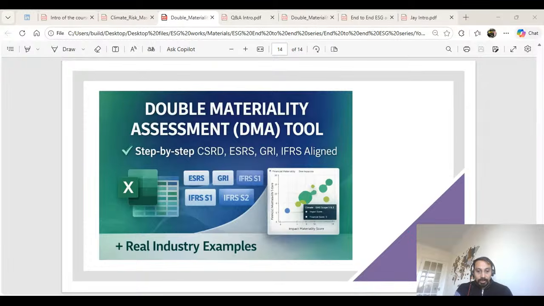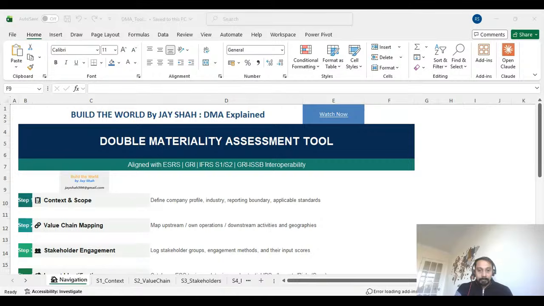So let me know once you can see my screen. I'm just sharing my Excel sheet template. I hope now you can see my screen of the Excel sheet.